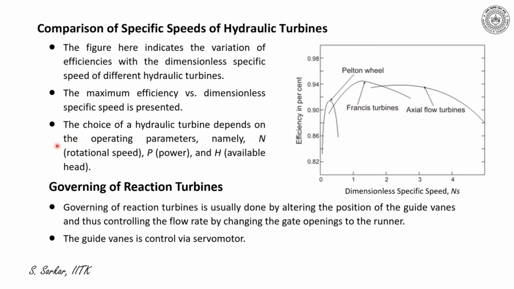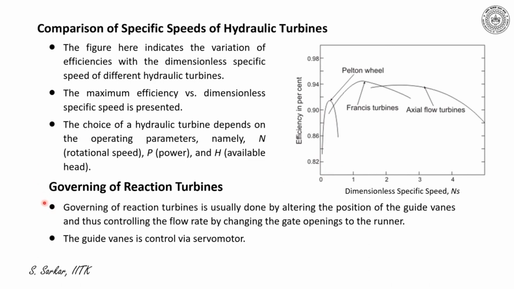Please note that the choice of the turbine depends on the operating condition, that is rotational speed, power, and the head. It indicates that Kaplan turbines operate in the high range of specific speed, while the Francis turbines cover the range between the Pelton wheel and the Kaplan turbine, and the Pelton wheel indeed operates in a very narrow band.